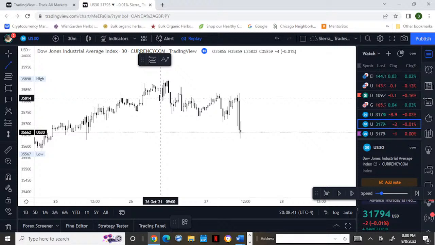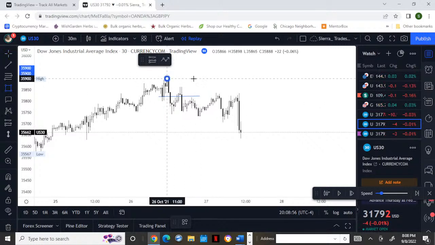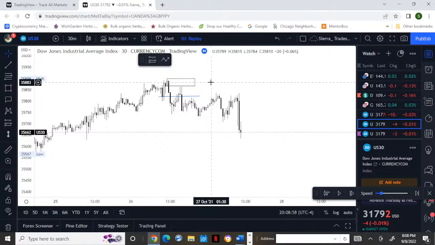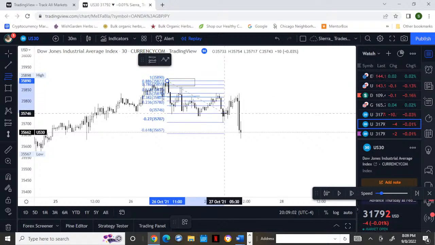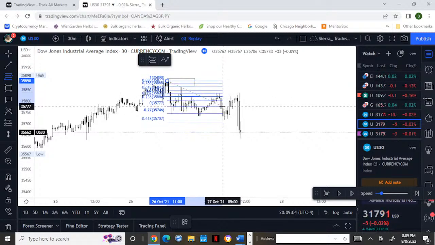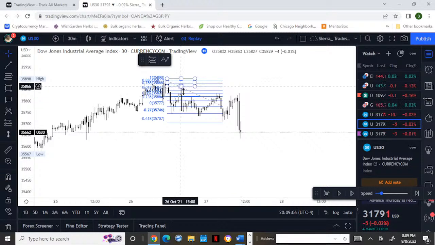And then I'm still somewhat confused, but when price breaks that break of structure, it looks like it immediately comes back and tests this area, which gave that minor fib move here, and TP hit.